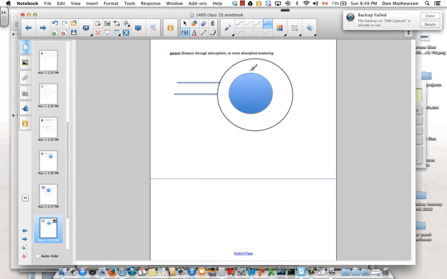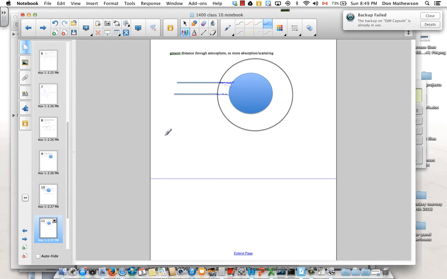Now, again, with latitude, not only do you have that spreading out of the area, but you've also got a greater distance through the atmosphere. The thickness of the atmosphere, of course, is the same, but this path is going to be greater than the thickness of the atmosphere. So you're actually going further through the atmosphere when you're at higher latitudes, and therefore those effects that we discussed earlier, absorption and scattering, are greater as you get to higher latitudes.